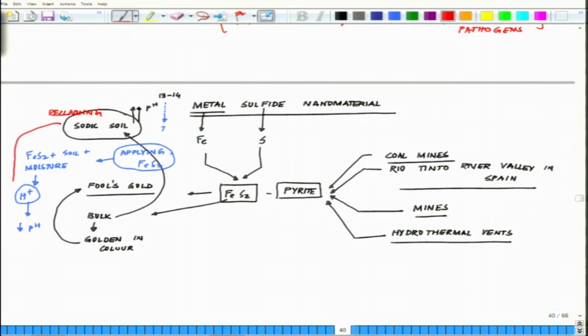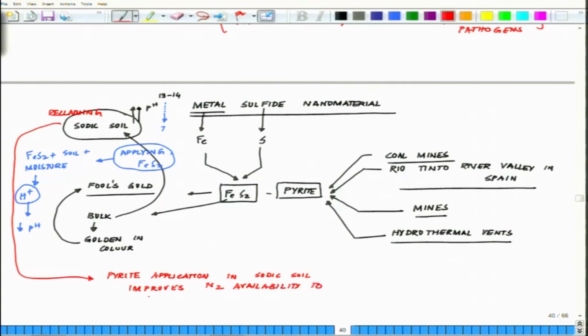So, pyrite has been used for reclaiming sodic soils, especially in the Indian context, and pyrite application into sodic soil improves nitrogen availability to the crop.